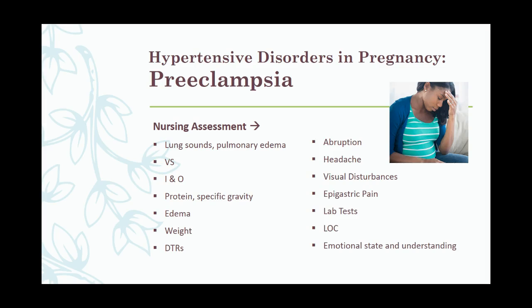We need to know what vital signs are, specifically blood pressure. We have to monitor that blood pressure. We want to look at I's and O's because we know that they're already at risk for low output. We want to check their protein and the specific gravity of their urine. We want to assess their edema in their face, in their feet, in their hands, everywhere. We want to weigh these people and check their deep tendon reflexes.